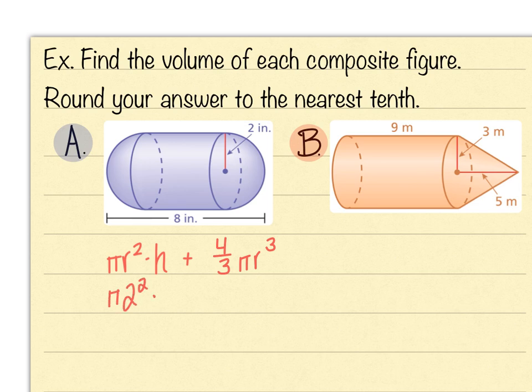The height of just the cylinder, again, this is 2, and that's 2. And if the whole thing is 8 minus 2 minus 2, it means the cylinder is actually just 4 for the height. Plus, we have 2 hemispheres making a full sphere, 4/3, pi r, radius is 2 still, cubed.